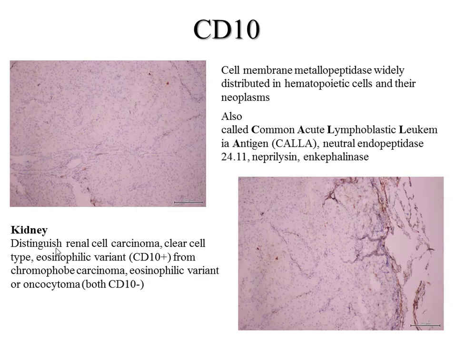CD10, cell membrane metallopeptidase, widely distributed in the hematopoietic cells and their neoplasms, also called common acute lymphoblastic leukemia antigen. In the kidney, it can distinguish renal cell carcinoma, clear cell type, eosinophilic variant, which is CD10 positive, from chromophobe carcinoma, eosinophilic variants, or oncocytoma.